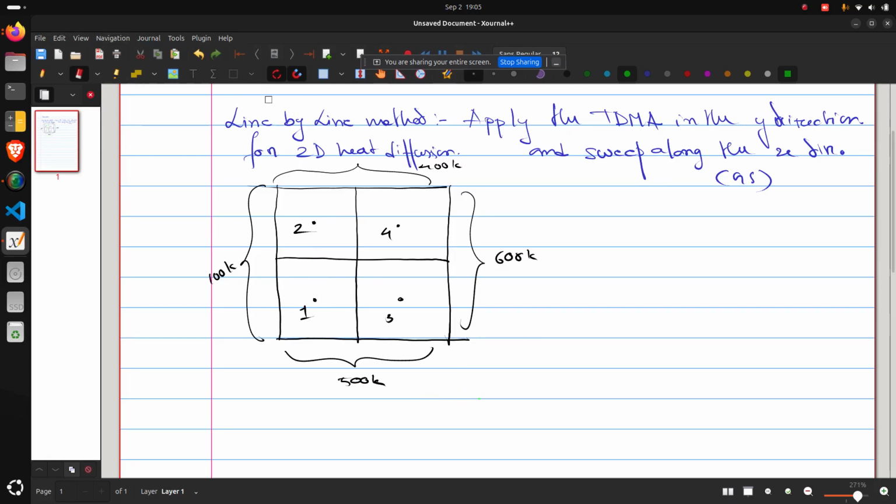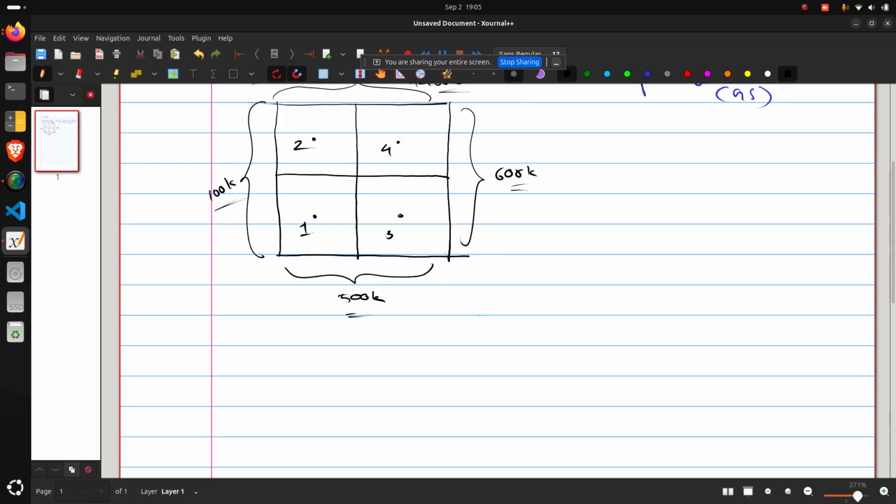So here we have defined a domain where we have Dirichlet boundary condition on all of the sides, and we have 4 cells for a simplified analysis. Here we have 100 Kelvin, 400 Kelvin, 600 and 500 Kelvin. So what we have decided is that we will apply TDMA in the y direction and sweep in the x direction, right?